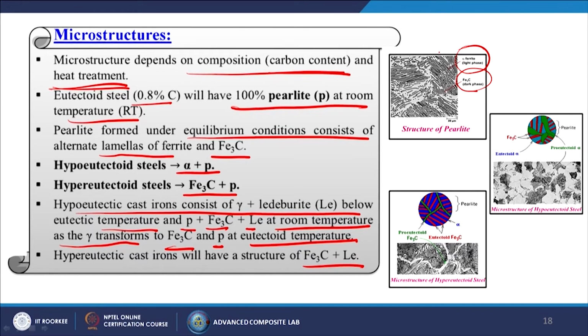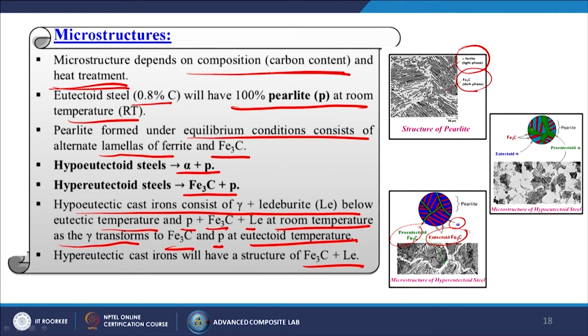When you get the optical microscope image of the pearlite, you can see that this is the hypoeutectoid Fe3C which is green in color, the red in color is the eutectoid Fe3C, and the alpha phase you are getting in blue in color. Same thing for the microstructure of the hypoeutectoid steel.